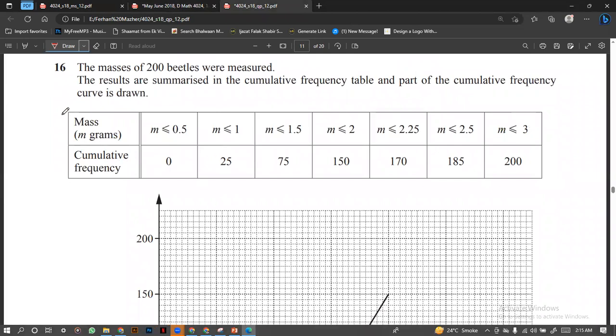Okay, the masses of 200 beetles were measured. The results are summarized in the cumulative frequency table, and part of the cumulative frequency curve is drawn.